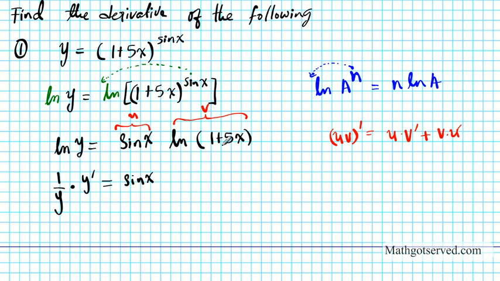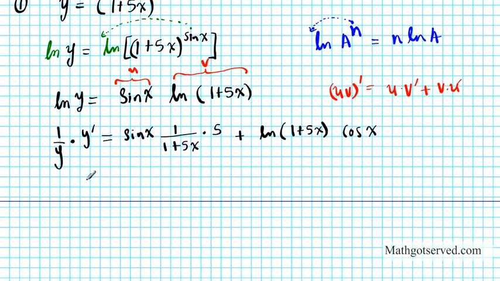The derivative of ln v is going to be 1 over 1 plus 5x times the derivative of the inner function, which is 5. Alright, so this is u v prime plus, now we're going to do v u prime, so v is the natural logarithm of 1 plus 5x times u prime, the derivative of sine x is cosine x. Okay? Alright, let's go ahead and simplify it a little bit further.